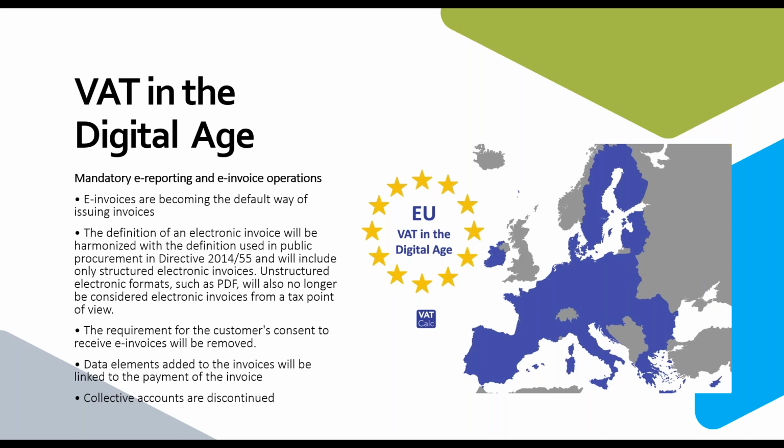For example, unstructured formats like PDF will no longer be considered electronic invoices for tax purposes. There will be no need for customer consent to receive e-invoices, and there will also be added some data elements on the invoice directly related to payment. Also, collective invoices will be discontinued.